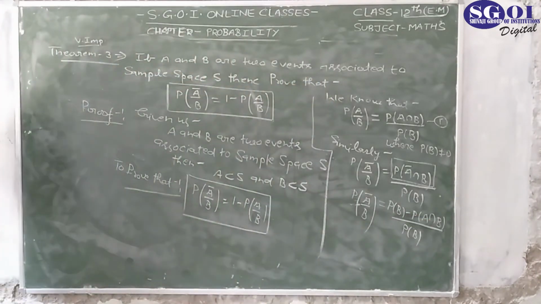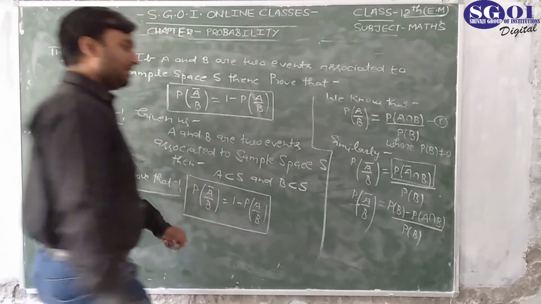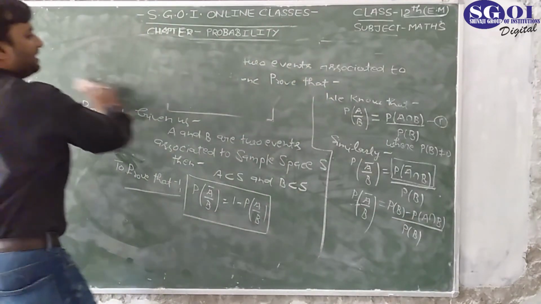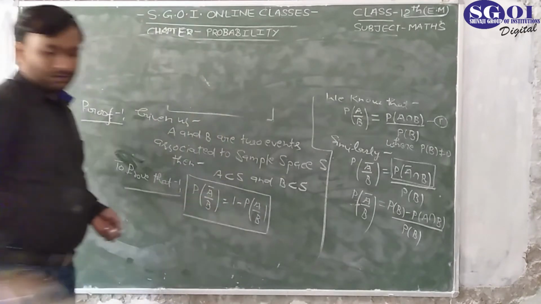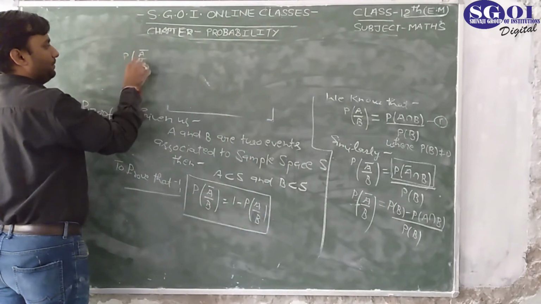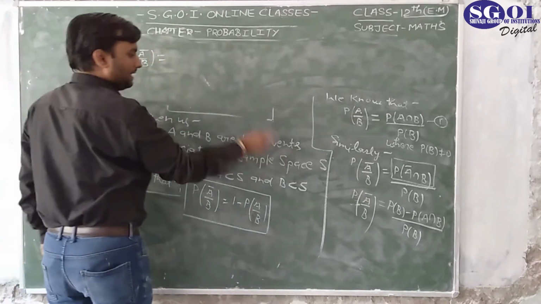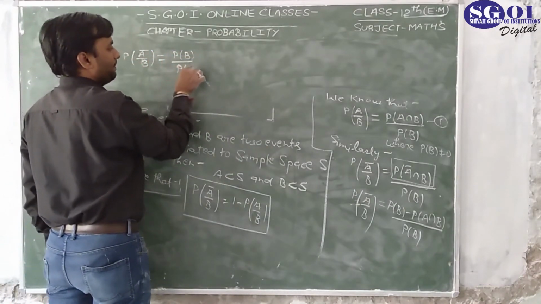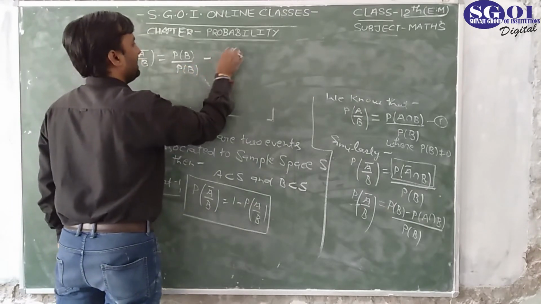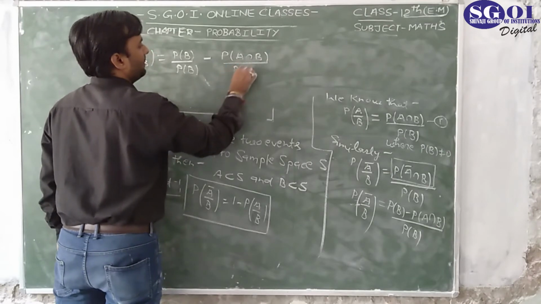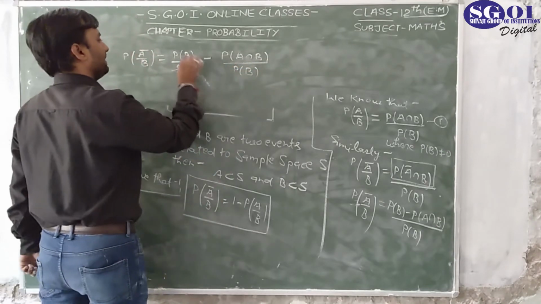So now it is time to separate the denominator, by which we will get probability A bar by B is equal to probability of B upon probability of B minus probability of A intersection B upon probability of B. This gives us 1.